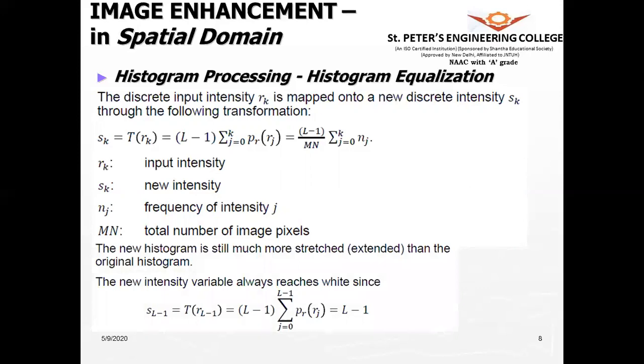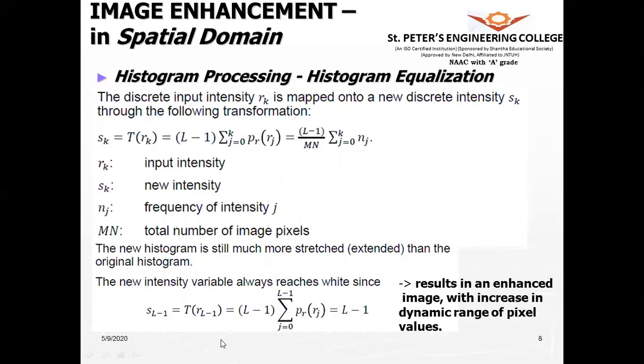So the new histogram will be stretched or extended compared to the original histogram. That is what we can observe from the results. The new intensity will always reach white since we are using this condition. So the result will be an enhanced image, with an increase in the dynamic range of the pixel values.